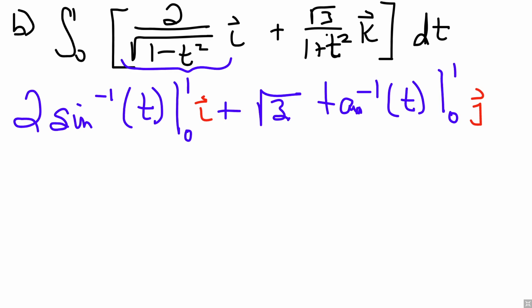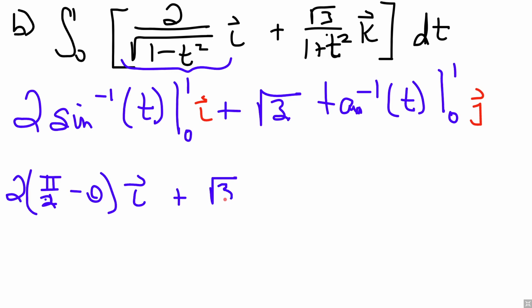All right. So if we take a look at this, it's going to be 2 times. If you plug in 1, what's the sine inverse of 1? Pi over 2. Right. So we're going to have pi over 2 minus sine inverse of 0, which gives you 0. And keep in mind this is the i direction.